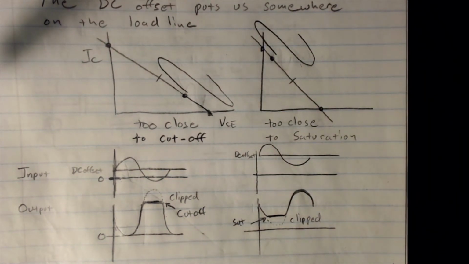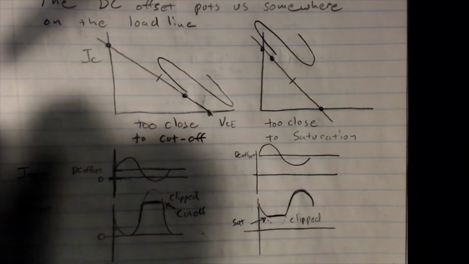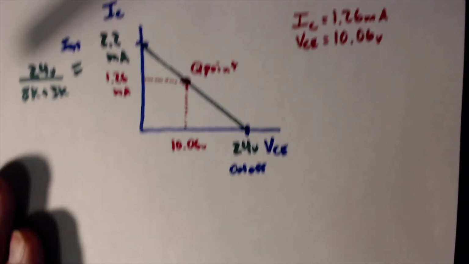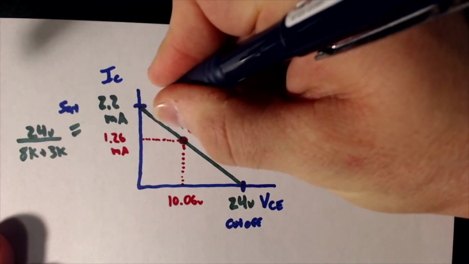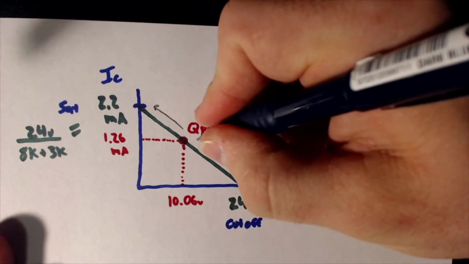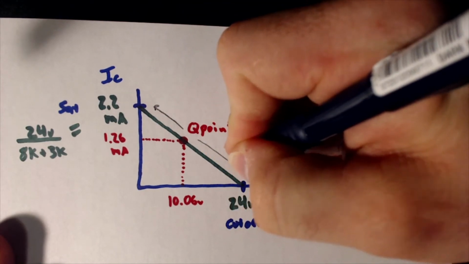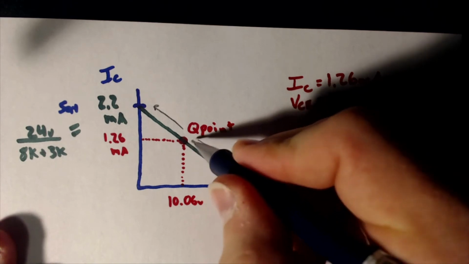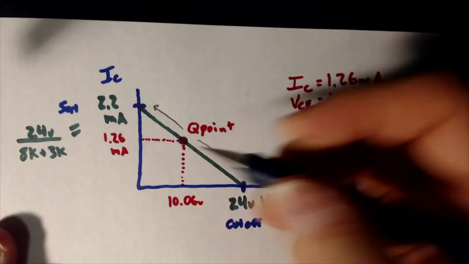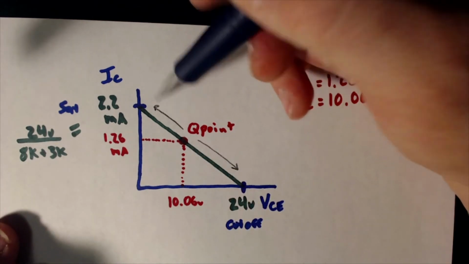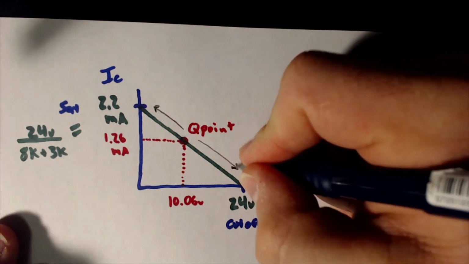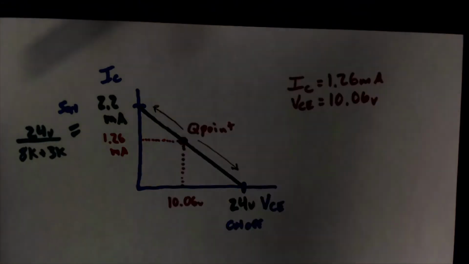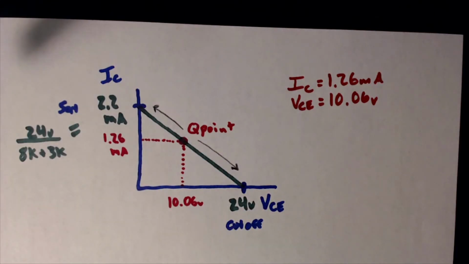If I go back to the previous problem, this gives me as much room in this direction as it does in this direction, if my Q point is pretty well in the center, right? So that's how we can avoid distortion of our signals.